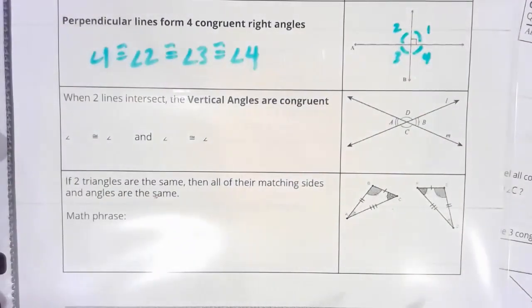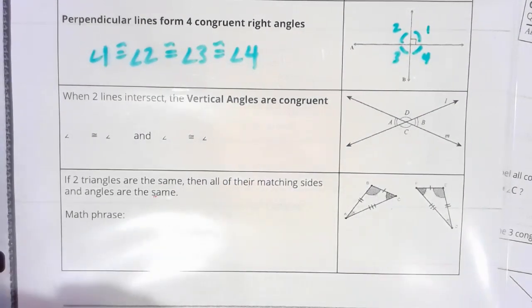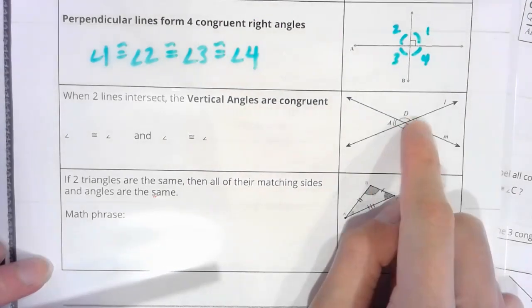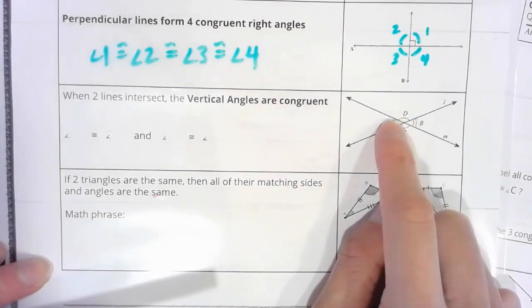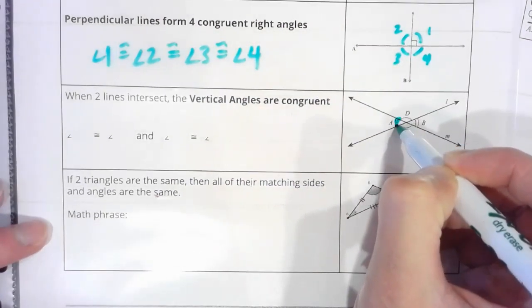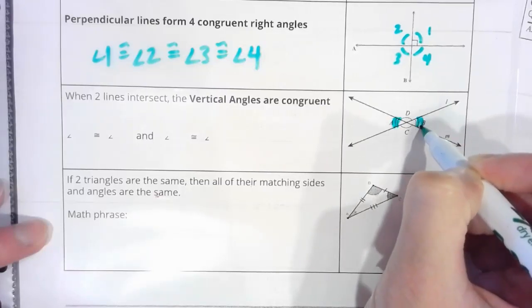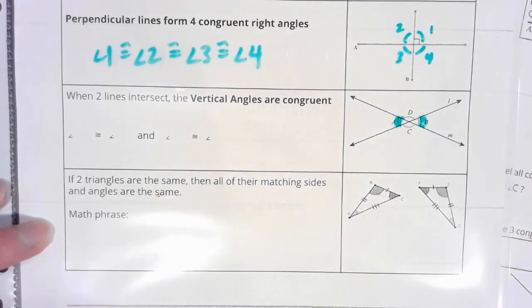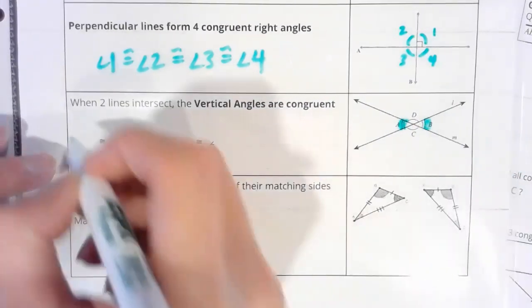That's better. When two lines intersect, the vertical angles are congruent. The vertical angles are the angles that are on opposite sides that are reflected across. So for example, angle A, its vertical angle is angle B, like that. So from this intersection, those two are going to be congruent.